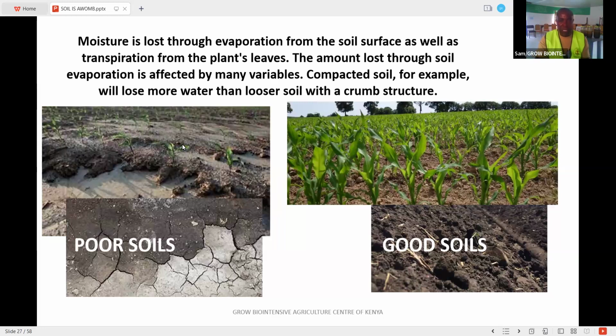Loamy soils will maintain their goodness all through. So we have to avoid compaction. We have to avoid letting the soils become bare, and we have to make sure that we are changing the texture of our soils and also the structure of our soils.